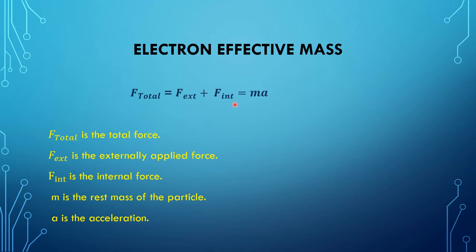That means the mass of the particle, through which it accelerates from one point to another point. So this is the total force of an electron in the crystal structure. Okay, so this is the basic fundamental of electron effective mass.